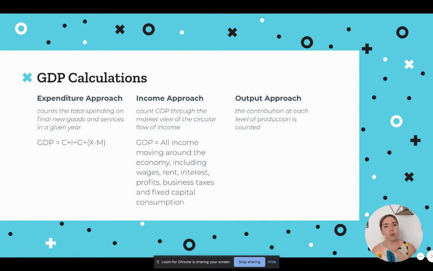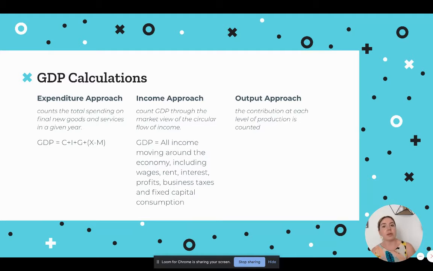And so the contribution at this point is the difference between what the baker spent and what he now sold it for. So that gets added, okay? And you can see here that actually if we just measured the consumer spending, what the person bought the bread for, we'd get the same number, okay? And that's fundamentally why they're all alternate options, okay? They all end up at the same point.